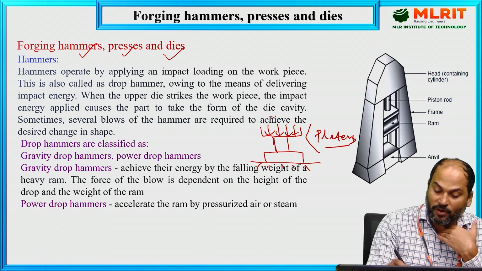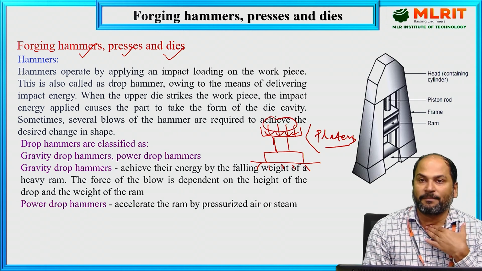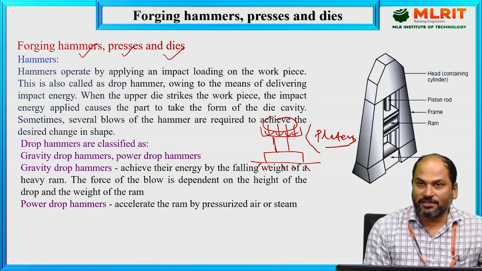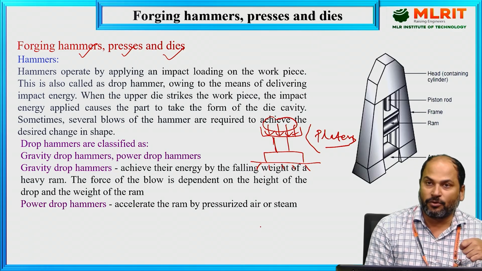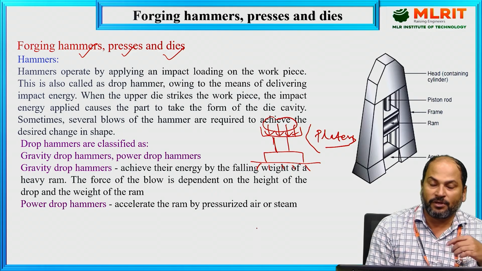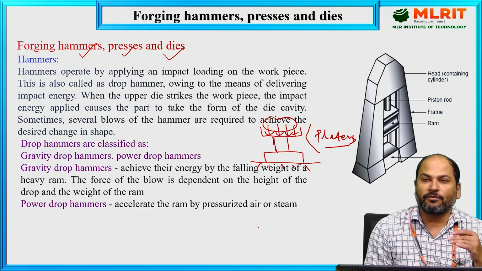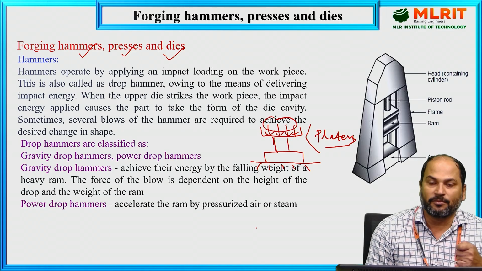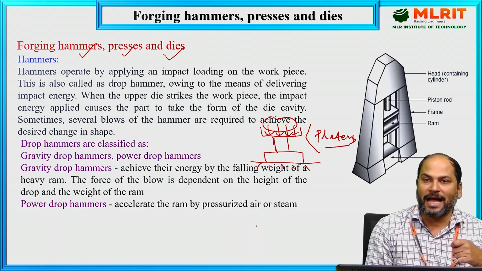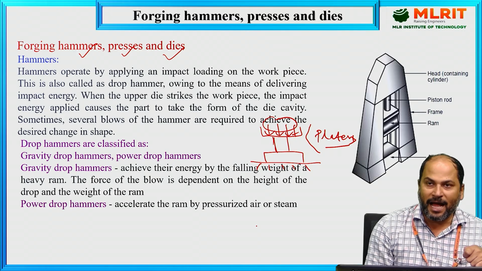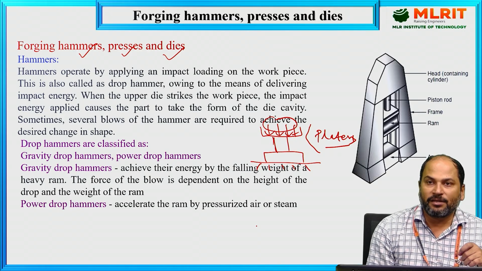Now how do we apply these forces? We can apply them by a hammer, meaning we suddenly apply the force, so that will be impact loading. It will not be gradual. Another way is to apply the forces gradually. So these two terms are there. Whenever we use a hammer to change the shape and size in forging, hammering the specimen, it will be a sudden loading.